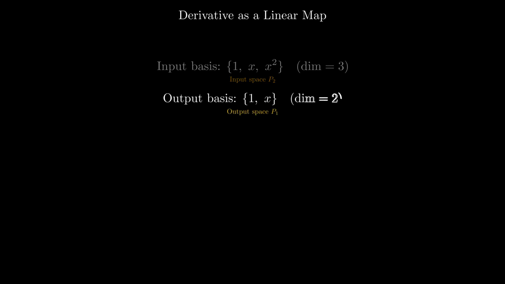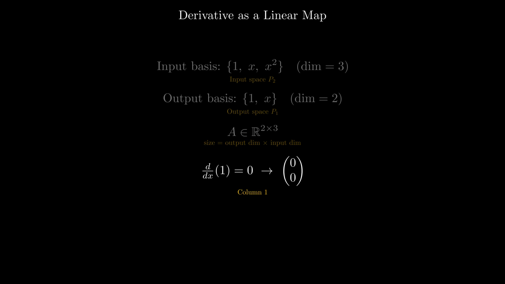Now the surprise. The same rule works for the derivative. Take polynomials of degree at most 2. The input space has basis 1, x, and x squared, 3 dimensions. The output, after differentiating, has degree at most 1, basis 1 and x, 2 dimensions. So the matrix will be 2 by 3. Apply d by dx to each input basis vector.